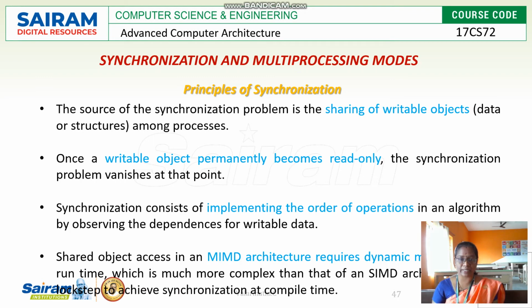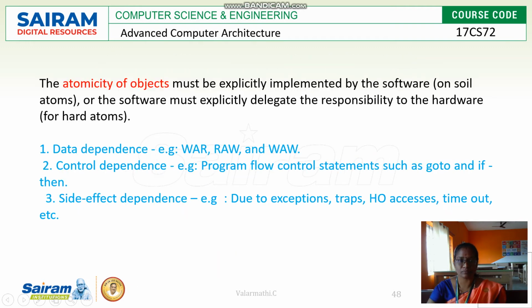Once the data dependence is found, the order of its operations is easier to implement. Then the atomicity of objects is very important in the case of multiprocessing modes. The atomicity of objects addresses three dependencies here. What are those? Data dependence, control dependence, and side effect dependence.